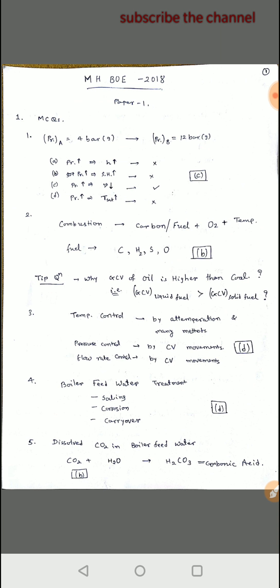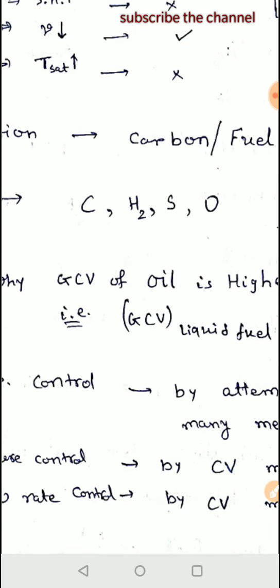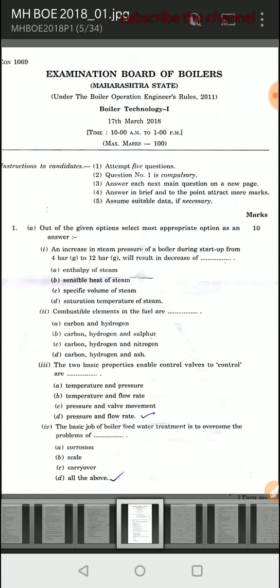C option: if pressure increases, specific volume always decreases. We all know that if we increase the pressure of a compressible fluid like gases, then specific volume always decreases. And option D: if pressure increases, saturation temperature increases. So C will be the answer.